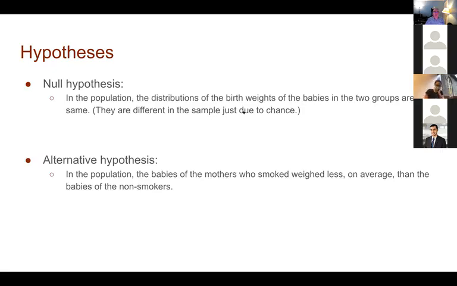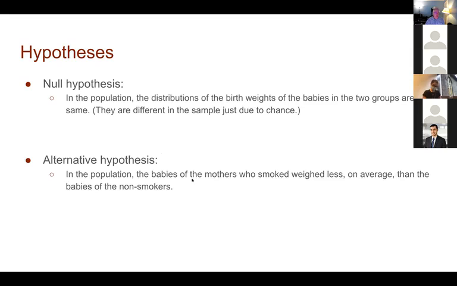Any difference that we saw in those histograms is just due to sampling chance. So that's our null hypothesis, that there's no difference in birth weights. The alternative hypothesis is that the babies of mothers who smoked weighed less on average than the babies of non-smokers. So that's our null and that's our alternative.